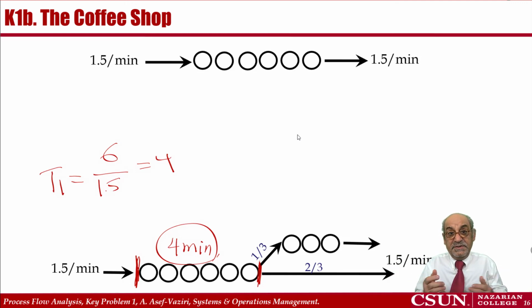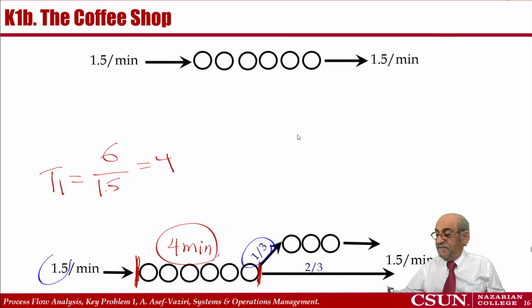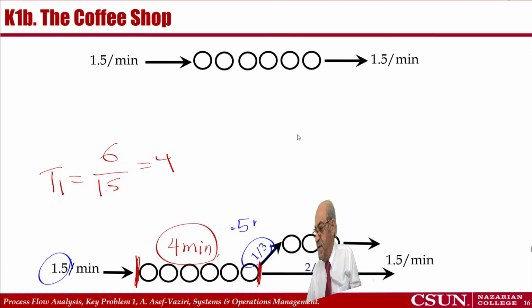So 4 minutes is the flow time of the customers who go only through the first process. For the second process, 1/3 of 1.5 will go through there. 1/3 of 1.5 is 0.5 per minute.